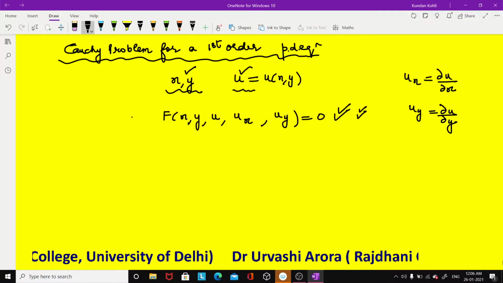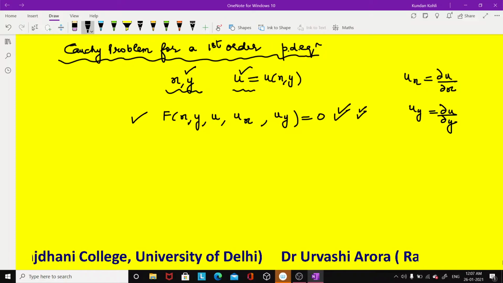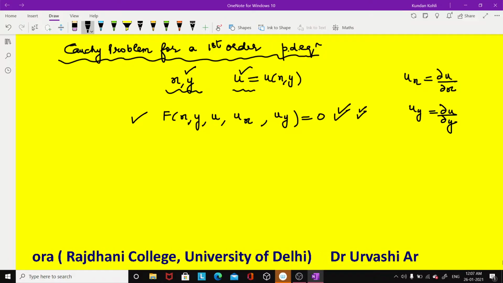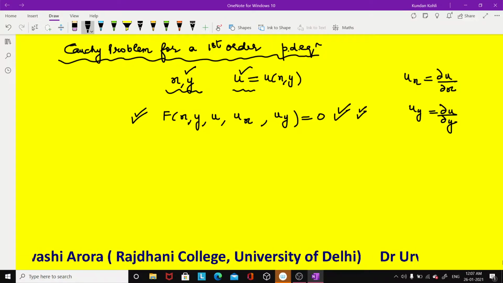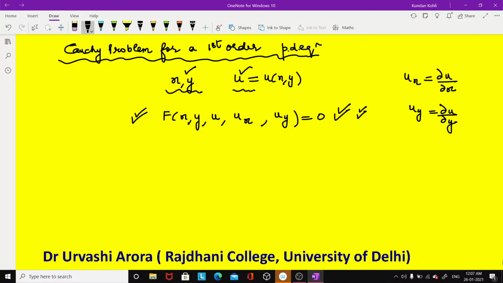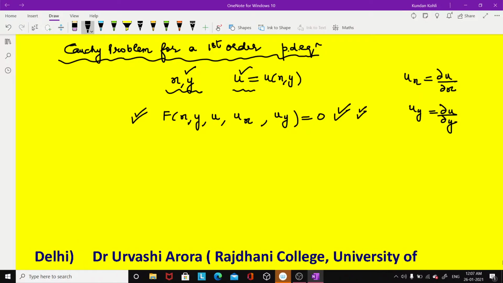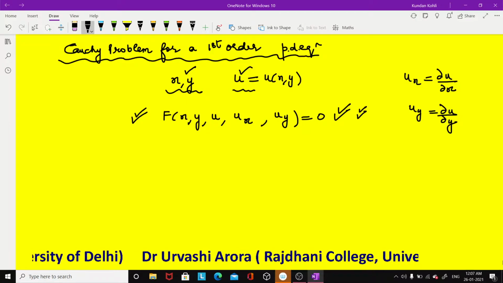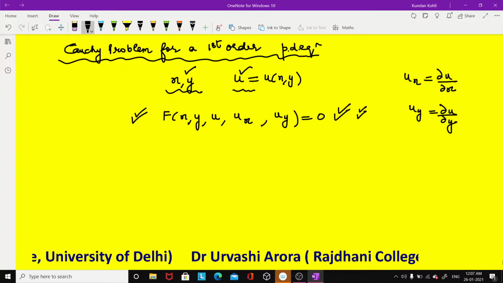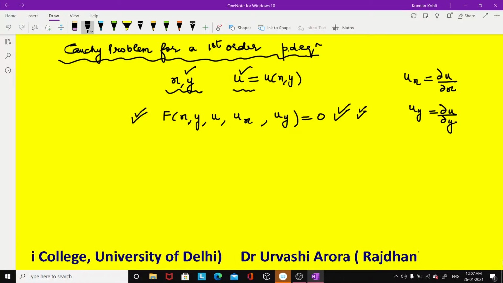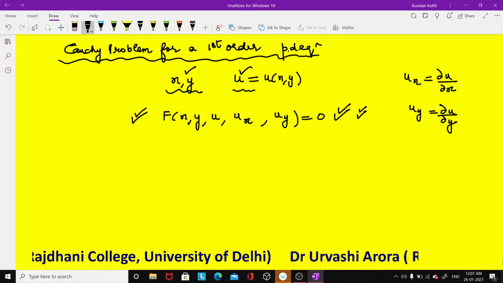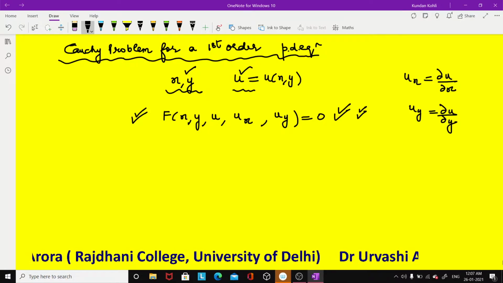Now, when you have a general first order partial differential equation, the question is, what is the Cauchy problem associated with it? When you talk of a Cauchy problem for the first order partial differential equation, you should have a curve in hand. And of course, we are assuming here that we are working in a domain.